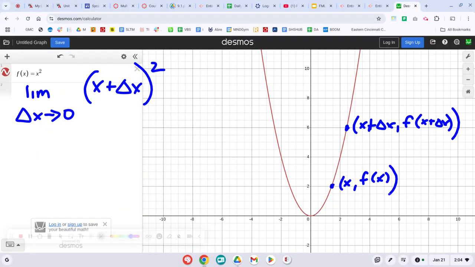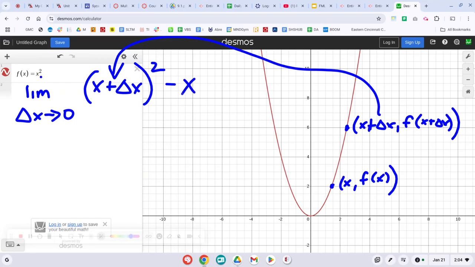So what have I done? I took out the x and I put in x plus delta x. And now that is f of x plus delta x. Now I'm going to subtract out our function. What's our function? F of x equals what? Just read it. X squared.